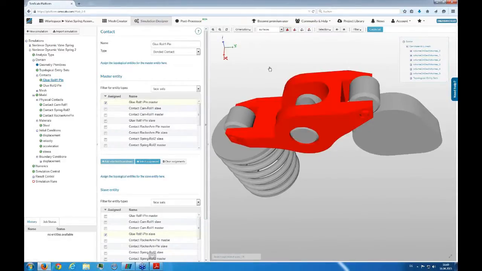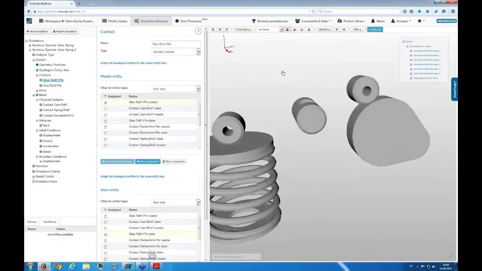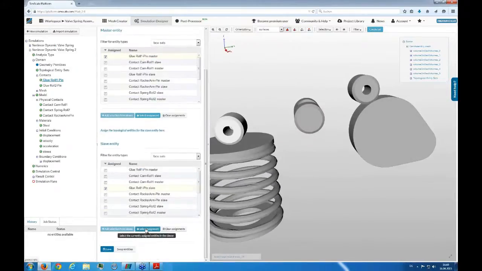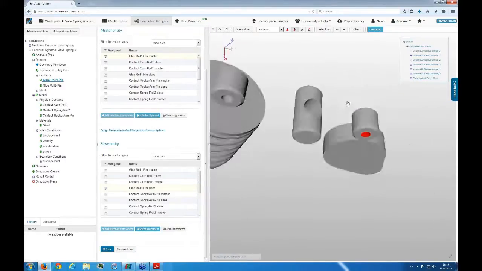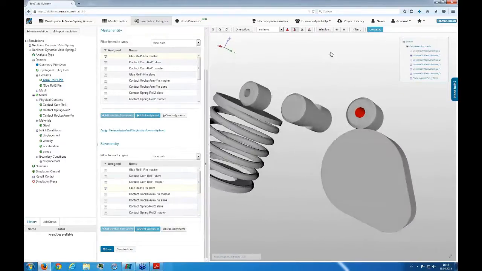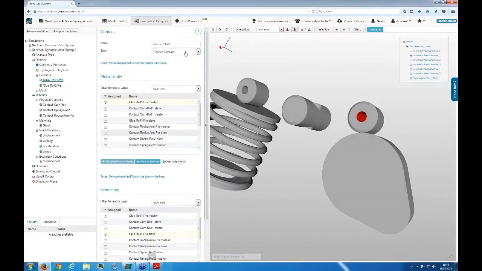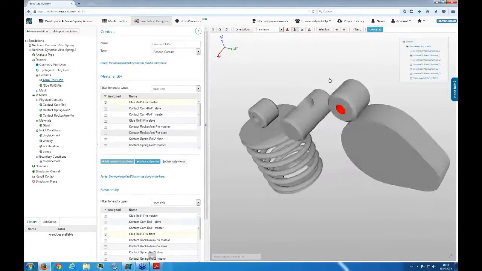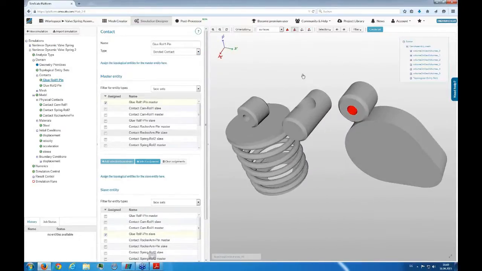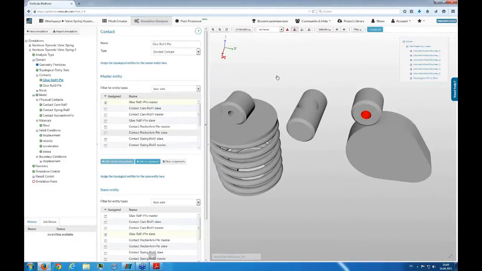Let's go the other way around, hide the rocker arm, and have a look at the slave surface. There we see we selected the inner surface of this roll. As a type of the contact, we can select a bonded and a sliding. And we have chosen a bonded one. We could also choose a sliding one.